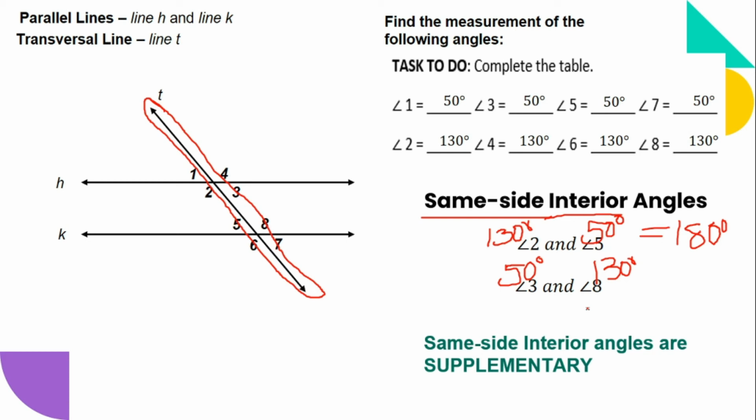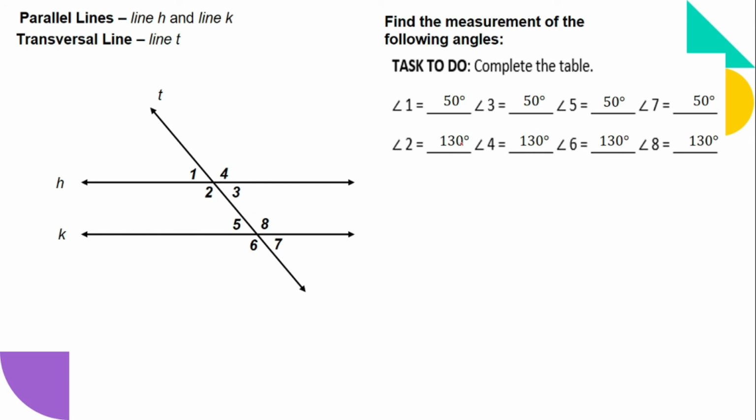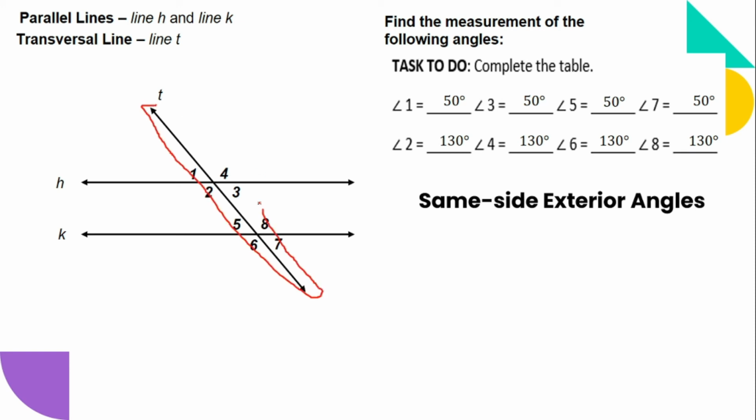Okay? Next. Let's have the same side naman. The last is same side exterior angle. So ano daw masasabi natin sa mga same side exterior angles? Again, we have here the transversal. Ano ba yung nasa same side na exterior angle? So we have 1 and 6 and 4 and 7. Let's take a look sa measurement nila. Si angle 1 ay 50 degrees.